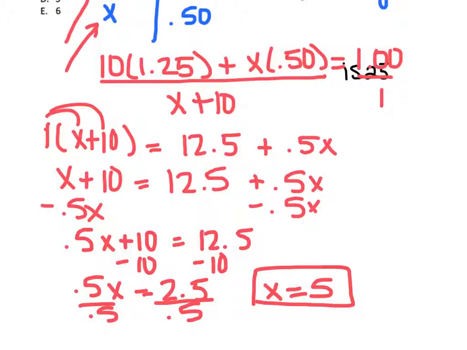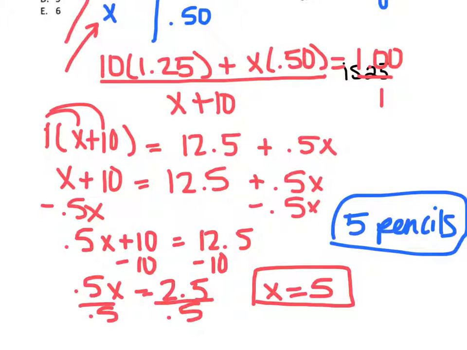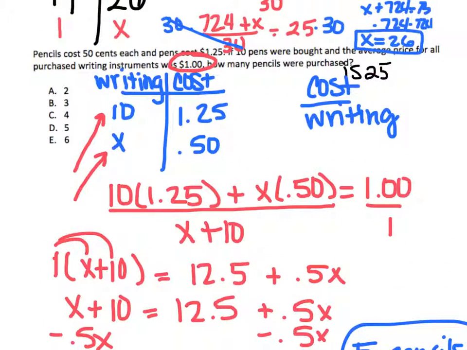So x is going to equal 5. That means I bought 5 pencils. So I think my final answer would be D.